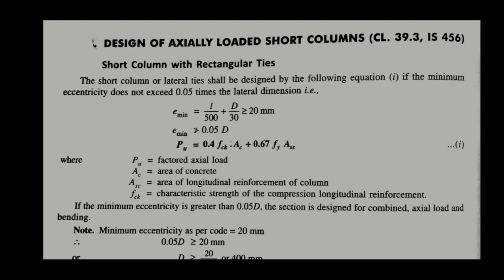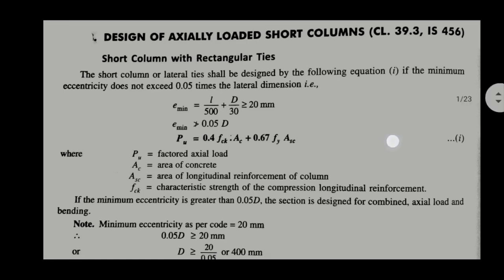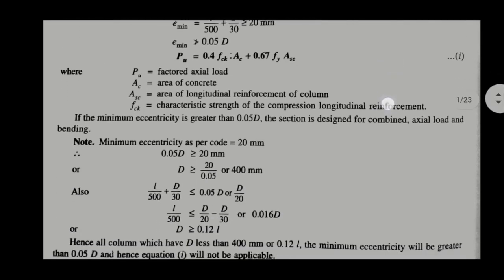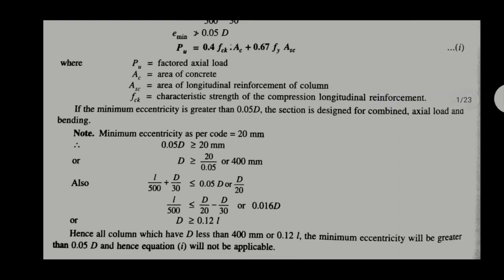Pu is factored axial load, Ac is area of concrete, Asc is area of longitudinal reinforcement of column, fck is characteristic strength of the concrete, fy of the longitudinal reinforcement. If the minimum eccentricity is greater than 0.05 D, the section is designed for combined axial load and bending. Okay. Note that minimum eccentricity as per code is equal to 20 mm.